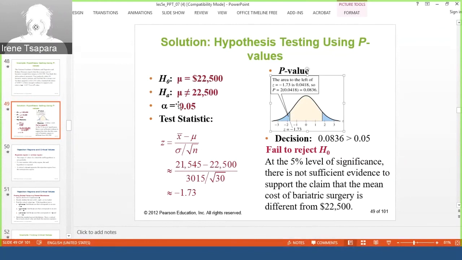Your alpha is 0.05, but you have a two-tailed test. So alpha half is what you have on this side, and alpha half is what you have on this side. So if you find the z-score that corresponds to 0.025, then this will be this number right here, 0.025. And I can assure you that the number right here will be negative 1.96, and the number right here will be 1.96.